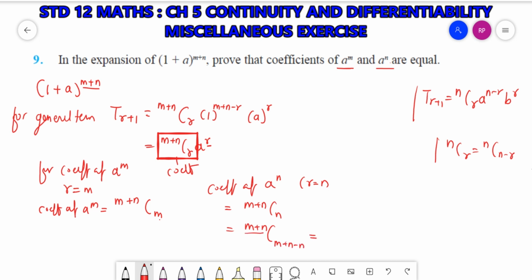This will be m+nCm. And this is the coefficient of a^m. Hence, the coefficient of a^m equals the coefficient of a^n. Clear? Okay, so this was about question number 9. So just note it down. Now let's move to the next, that is question number 10.